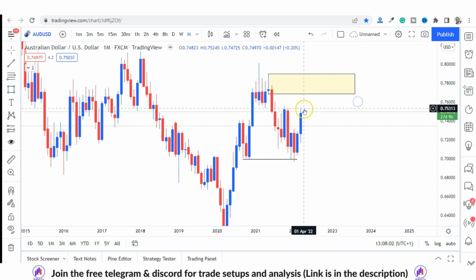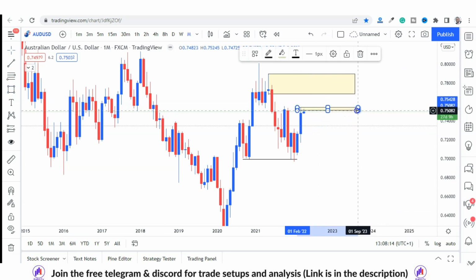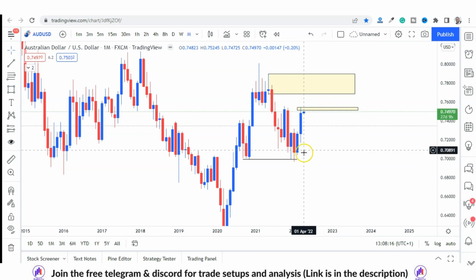So how do we know if price will continue going higher or will come lower? That will be done from the lower time frame. Probably this supply zone in here, maybe this supply zone here, there's something in here that is repelling price, and to see that we have to scale lower to a lower time frame.